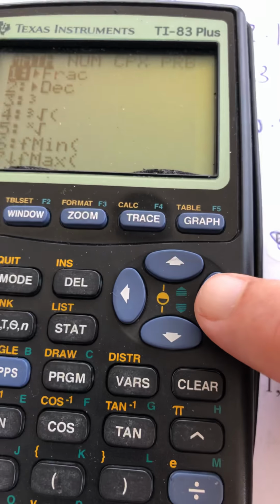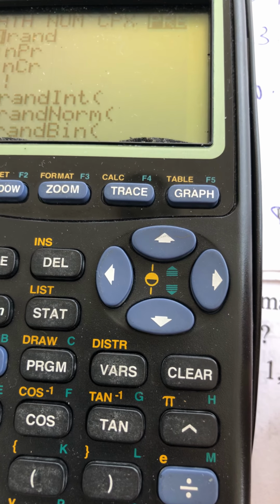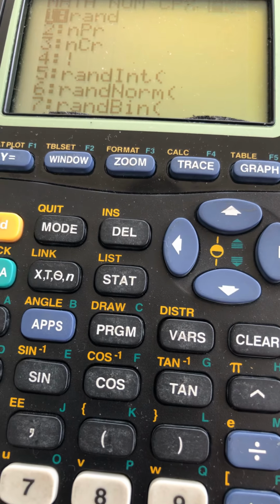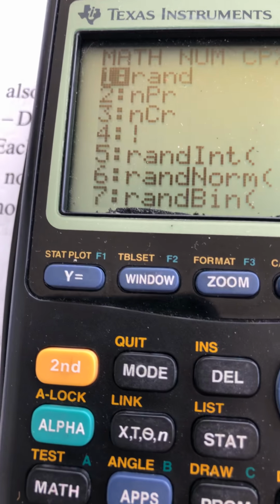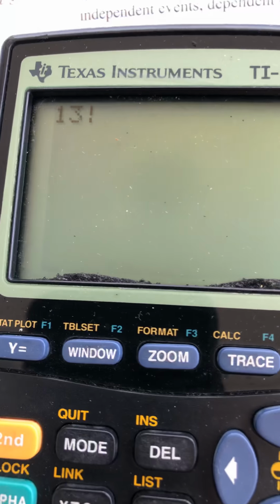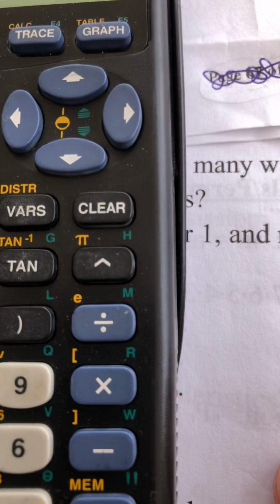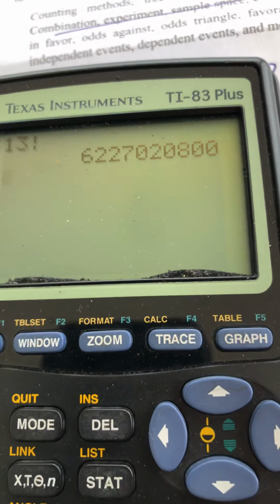I'm going to use my cursor pad to move over to the probability key. So I went to Math, I moved over to probability, and look at it. What is it, option 4? I type the 4. That gives me 13 factorial, and by hitting the enter key, it expands it to the correct answer.